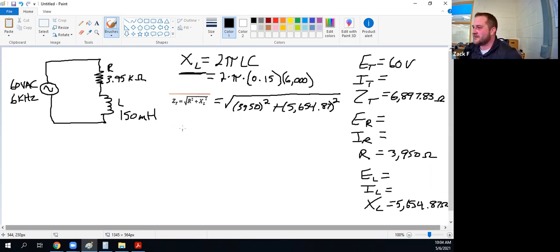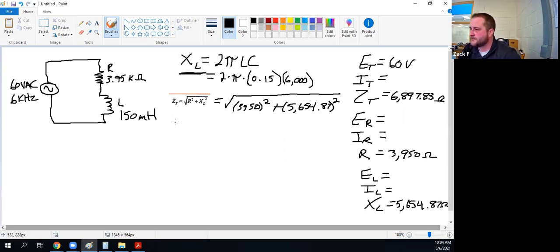What can we solve for now? Current, using what law? Ohm's law.